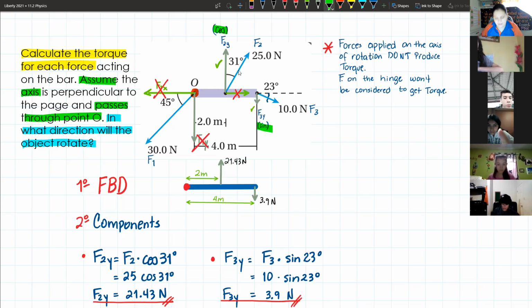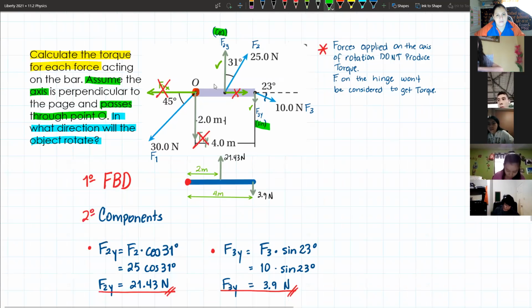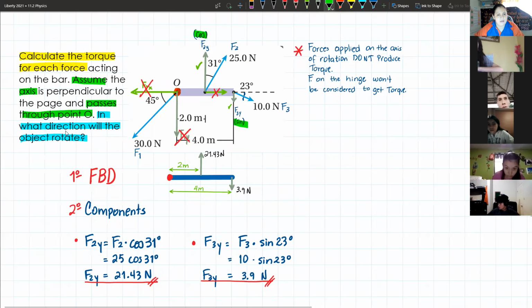After you get that, you will do the following step, that is calculating the torques. Okay, you will be calculating the torques. I'm gonna do it beside here. In your notebook, you're gonna put it in order, okay? The torques.